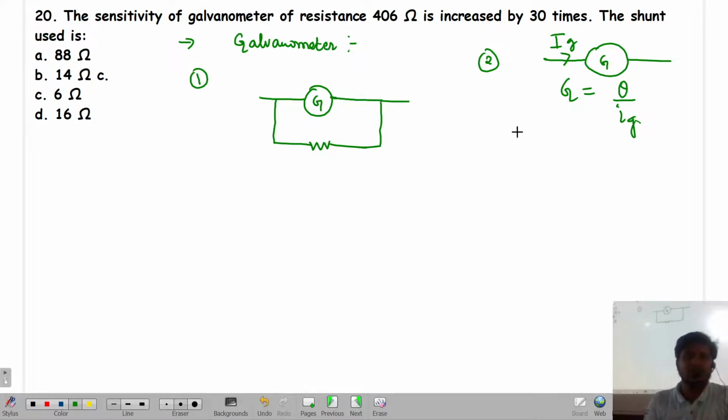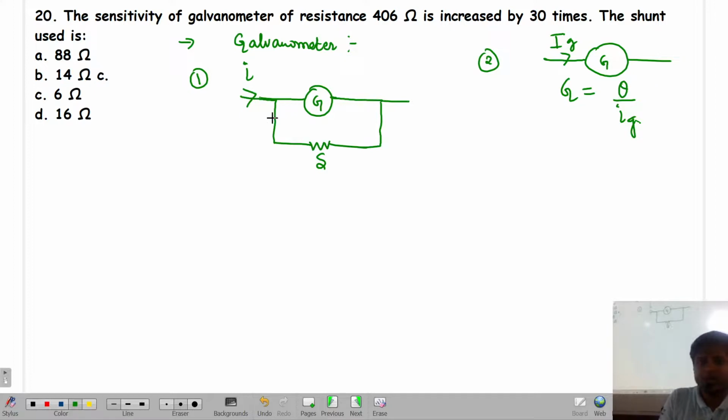Next, if I consider this line, like if I pass the total current over here as I, and I connect one resistance in parallel over here, this resistance is called a shunt resistance. What is it called? Shunt resistance. It is denoted by S. Understood or not?